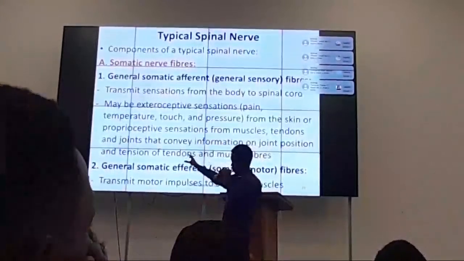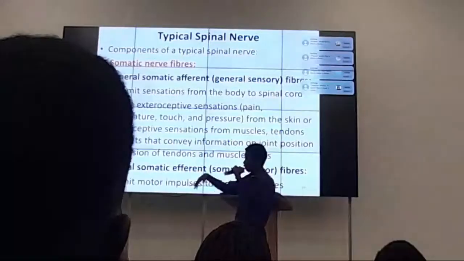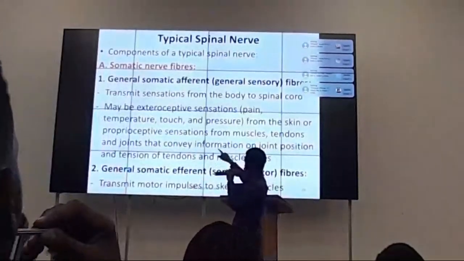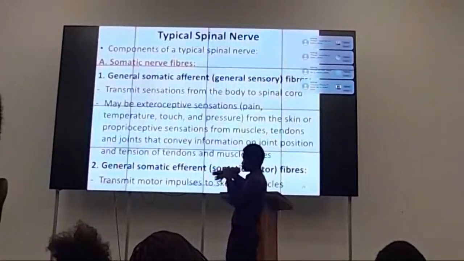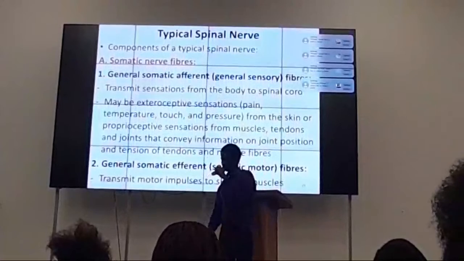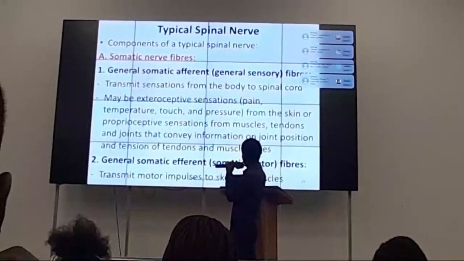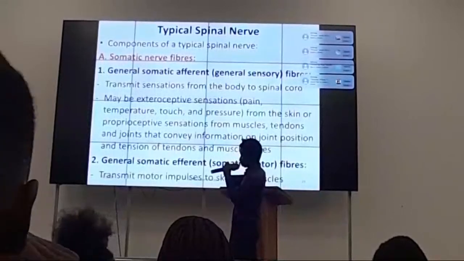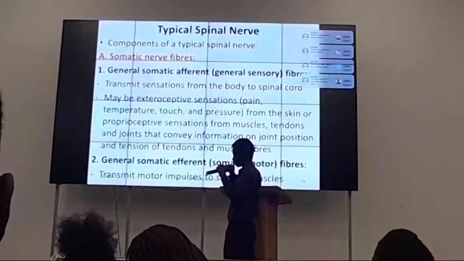Afferent for sensory, efferent for motor. In short here we are saying general somatic sensory, general somatic motor. Now, it means you have general sensory fibers and you have somatic motor fibers.